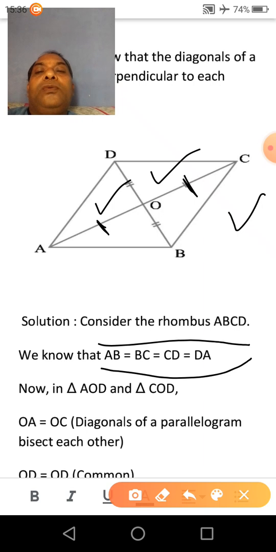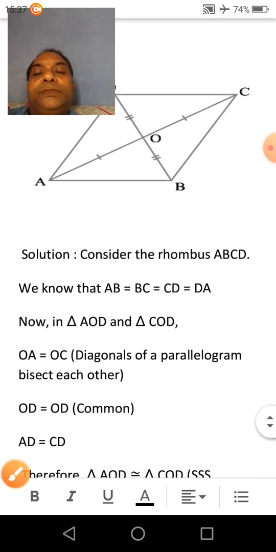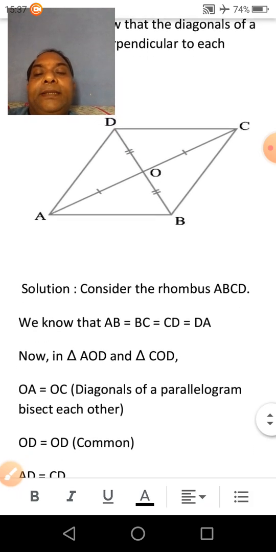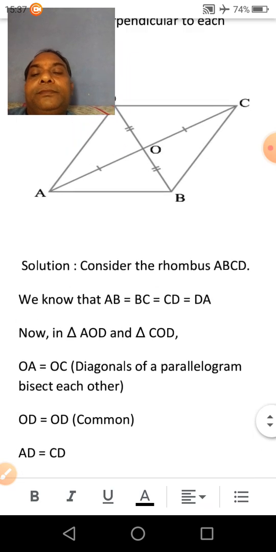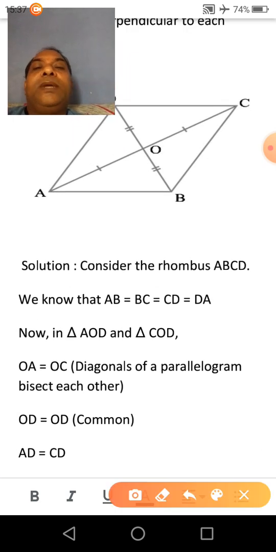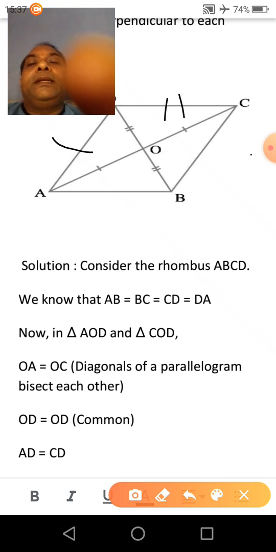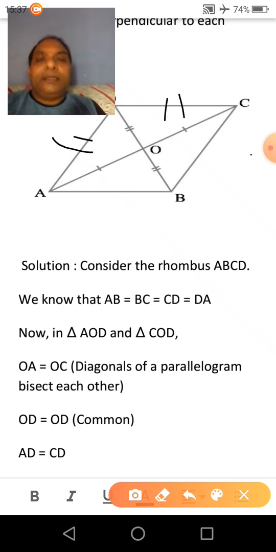Now OD is equal to OD, common in both triangles, and also AD is equal to CD, because in a rhombus all sides are equal.